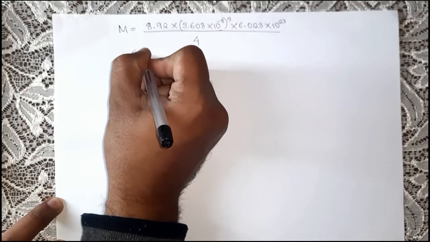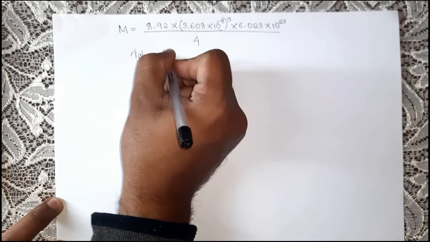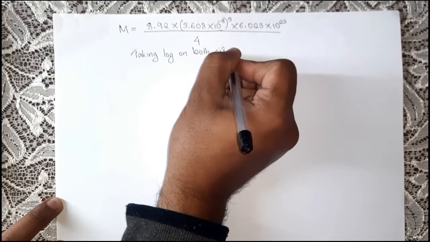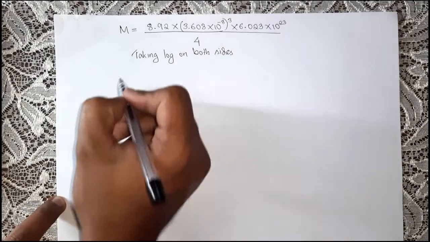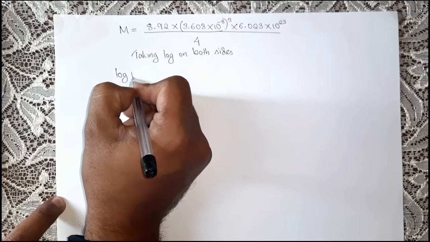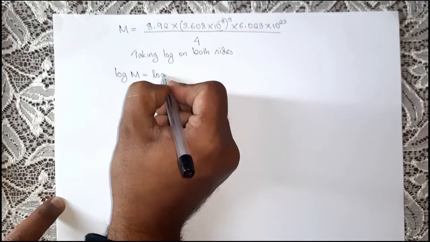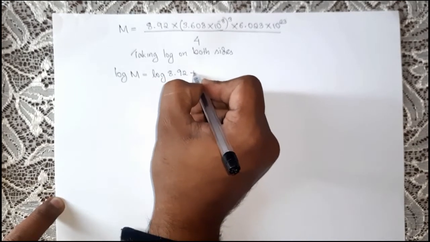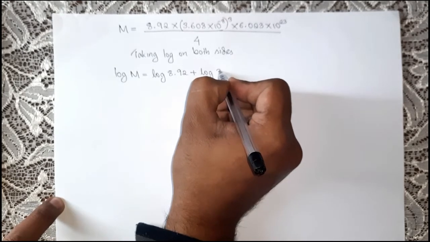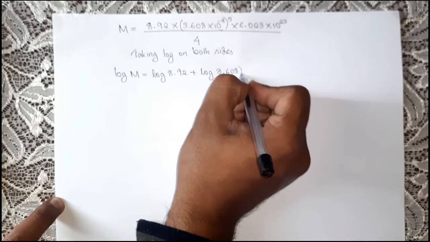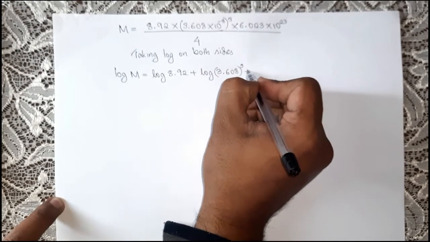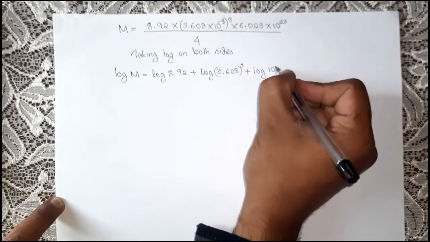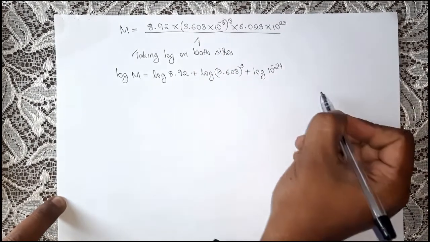So now again, taking log on both sides. If you take log on both sides, we will have log M is equal to log 8.92 plus log 3.608 whole thing cube plus log 10 to the power minus 8 times 3, and 8 times 3 is 24, so I'll write minus 24.